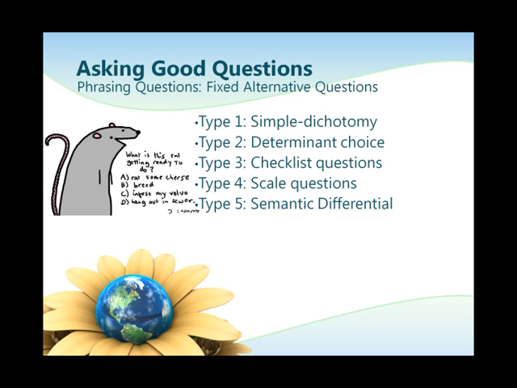So overall, when we look at types 1 through 5, when we're looking at fixed alternative questions, there are some advantages and some disadvantages. The first advantage is that they can be used in any kind of mode. They require less interviewer skill. For interviews and phone surveys, basically if someone can read, they can do them. For pen and paper or the respondent-based types of questionnaires, they can just handle it themselves.